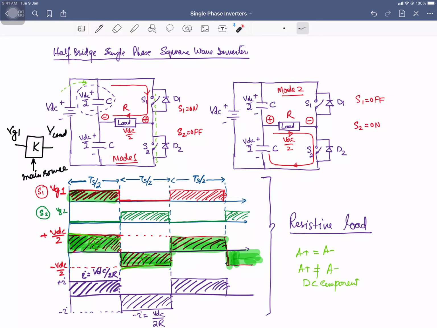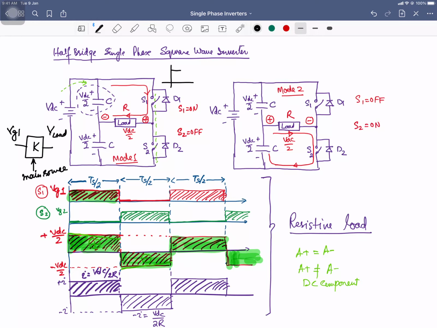So usually there is a dead band that is introduced over here. Means when you are turning off this switch, you will have to ensure that it is completely turned off.